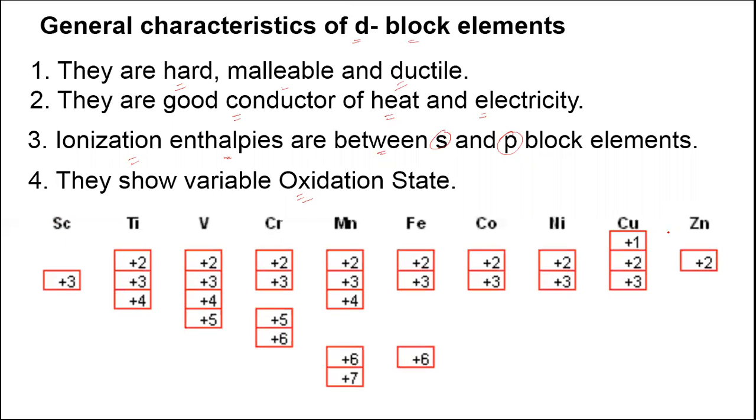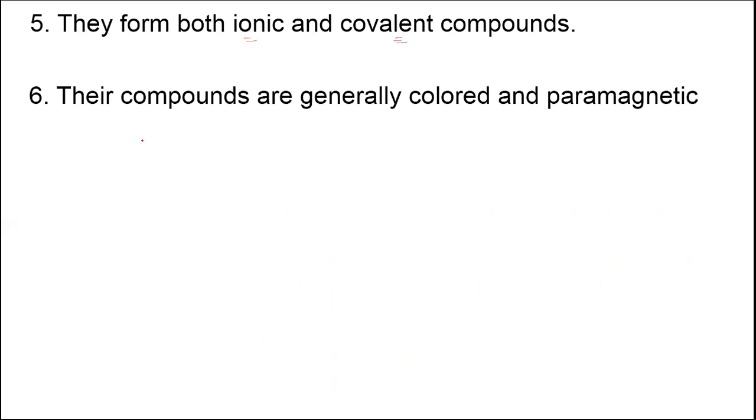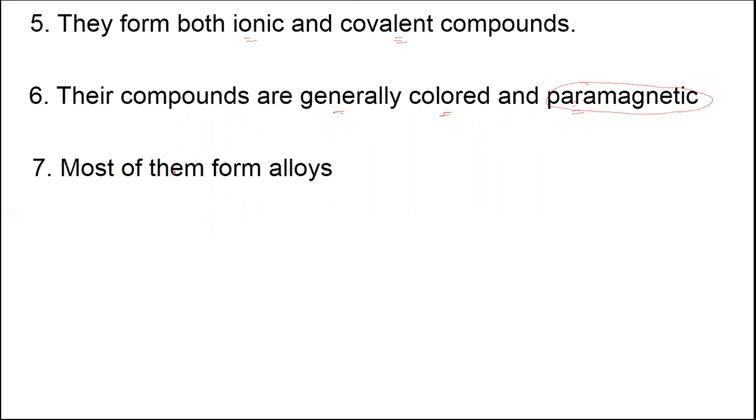Scandium and zinc do not show variable oxidation state, but all other members show variable oxidation state, means they can show oxidation state of more than one type. They form both ionic and covalent compounds. Their compounds are generally colored and paramagnetic. Here paramagnetic means they are attracted in magnetic field. Most of them form alloys.